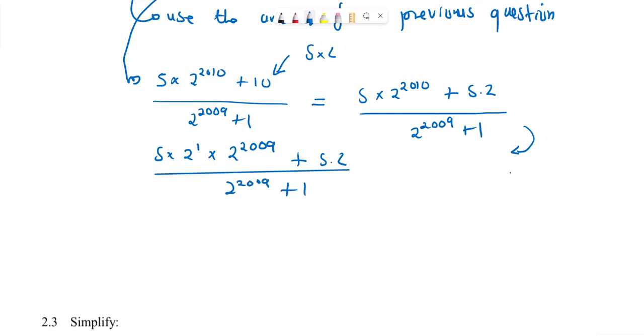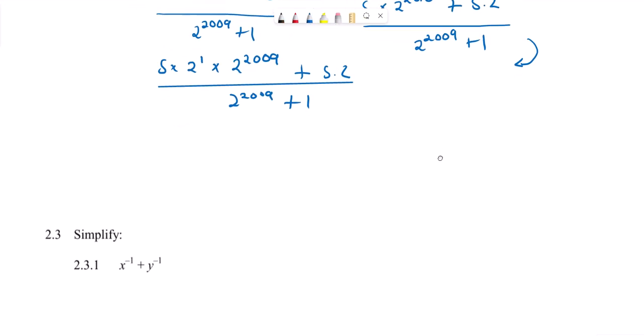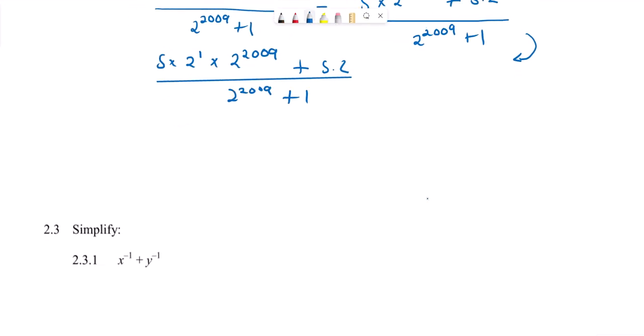Now, common factor. What is the common factor here, guys? We have 5 times 2 exponent 1 times 2 exponent 2009, and 5 times 2. Here is the common factor. Can you see it?